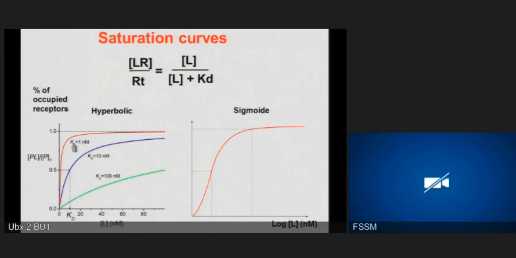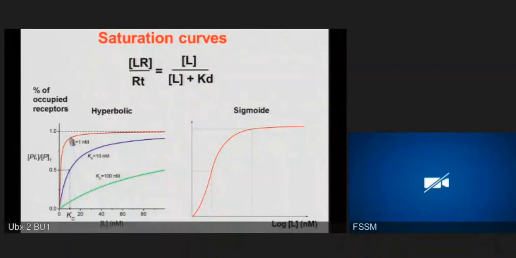And for this ligand here, you approximate 50% of the occupancy, and 50% of occupancy of receptor equals the KD. And the KD for the red curve is estimated to be almost 1 nanomolar.